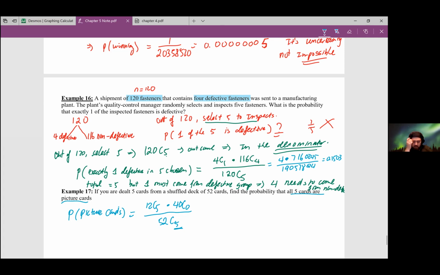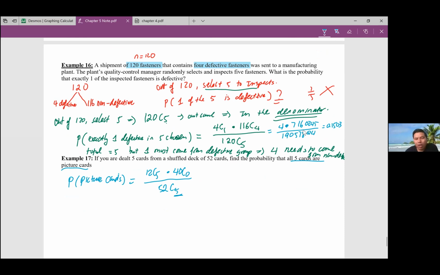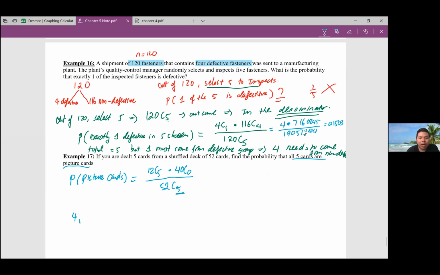Would it make sense to just leave the 40C0 out when solving the problem, to make things faster? The reason Grayson put it down is so that we don't mistakenly only do one at a time. What if they said 4 picture cards?